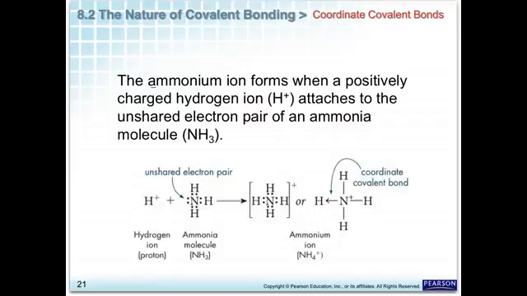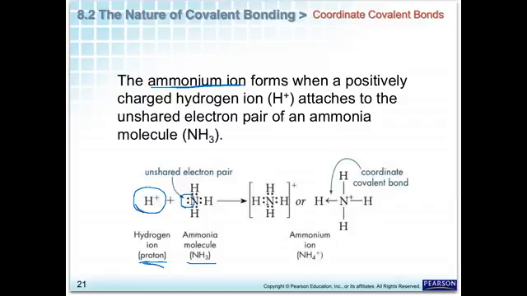So the ammonium ion is an example of a polyatomic ion, and we have an ammonia molecule, NH3, which has 1 unshared pair of electrons on the nitrogen, and then a hydrogen ion that lost its electron, so essentially it's just a proton.